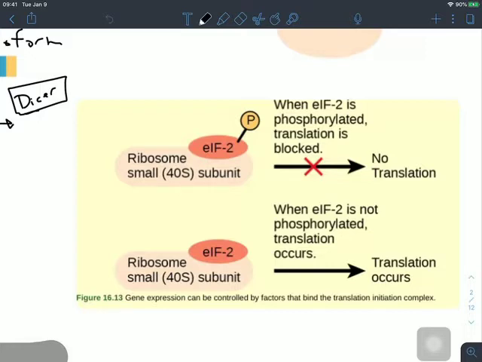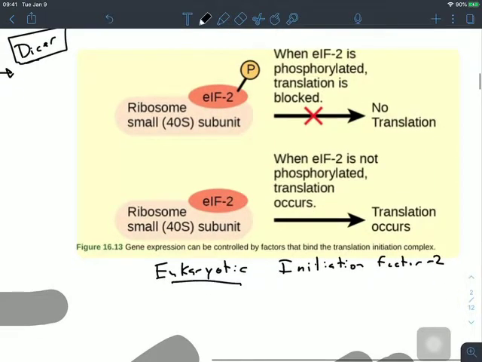The EIF2 is the eukaryotic initiation factor 2, because there are other initiation factors. And it's the eukaryotic one because it's actually conserved across the vast majority of eukaryotes.